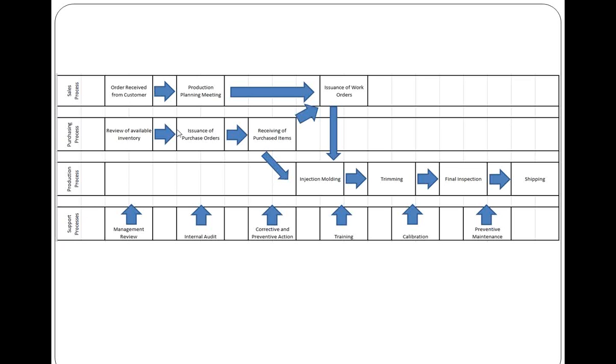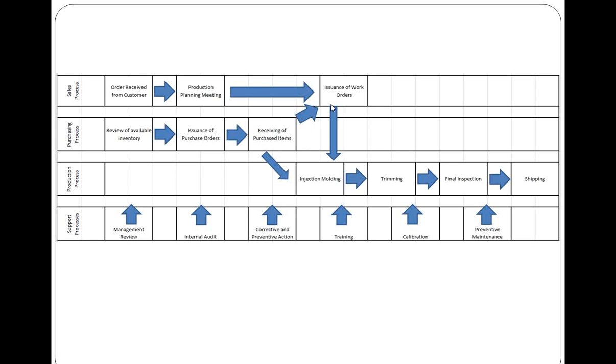What this model does, as you can see, is it identifies the fact that sales and purchasing, at least in the beginning, operate somewhat independently of each other. Purchasing, in this case, is not dependent on sales. It's an inventory-driven purchasing system. But we do show everything meeting up in the end here.